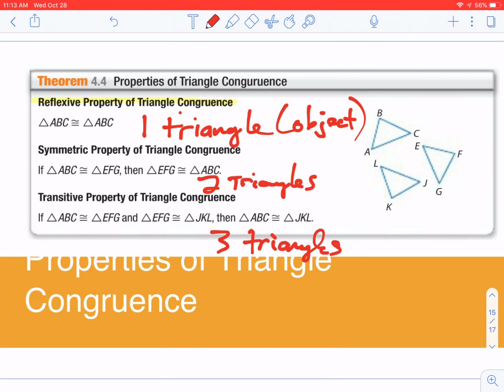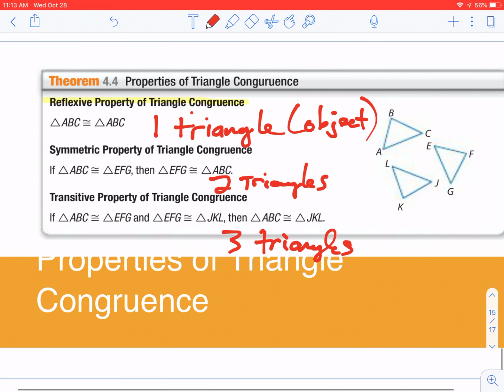So if ABC is congruent to EFG and EFG to JKL, then ABC is congruent to JKL. And what I do is I can literally just cross out the middle triangle, and you can see that ABC will be congruent to JKL. That's one way to think about it.